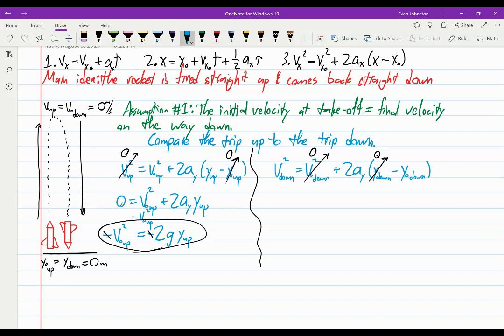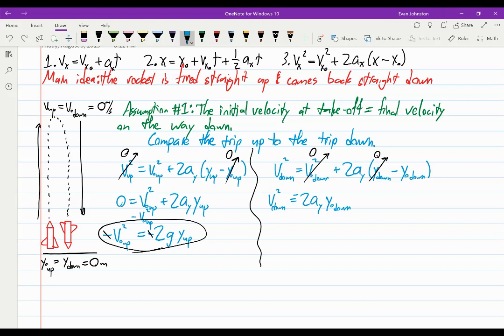So now all we're going to do, again, is a little rewrite here, okay? So I'll rewrite it now. We have the final speed on the way down squared is equal to twice the acceleration in the y direction times, and then we have negative. So I'm going to bring a negative out here, and then our y displacement initially, okay? Because this negative totally still exists. So now I'm going to remind us that the acceleration is gravity.